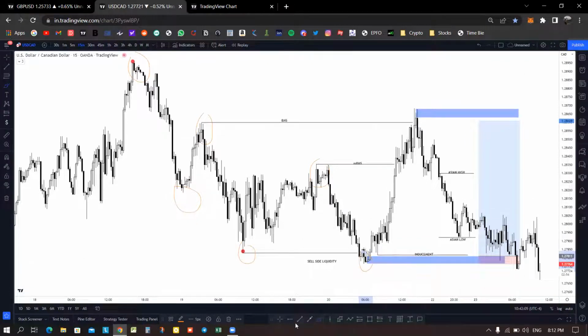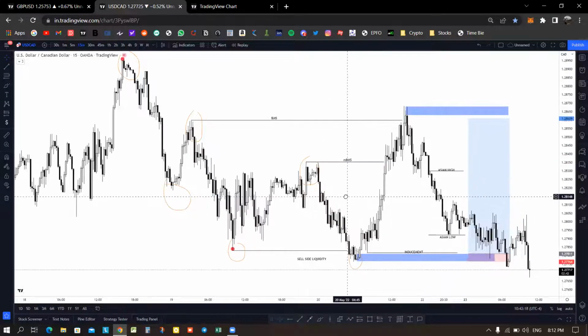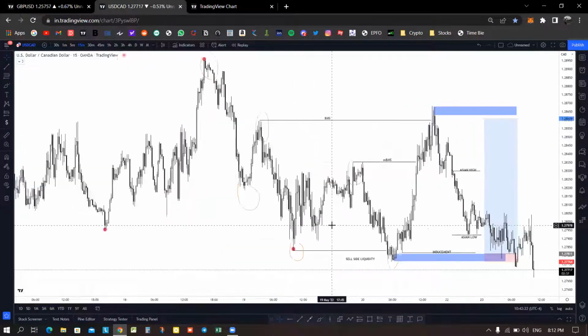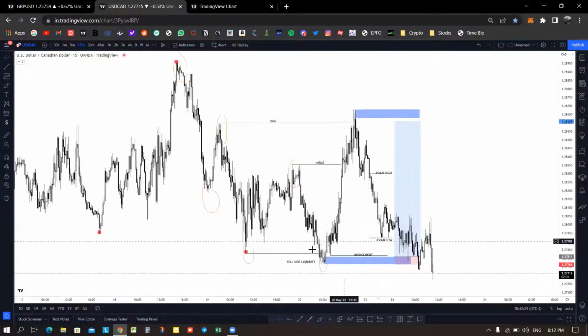That's why I have marked this minor BMS and major BMS. I have a video on YouTube on how to check minor BMS and major BMS structure. For me, price has taken out this minor BMS and major BMS, and this has also taken out this liquidity and this liquidity as well.